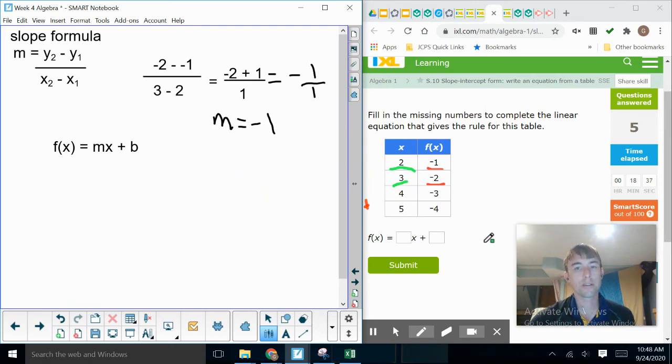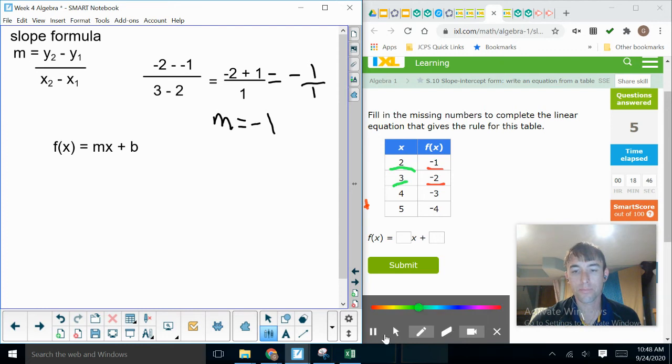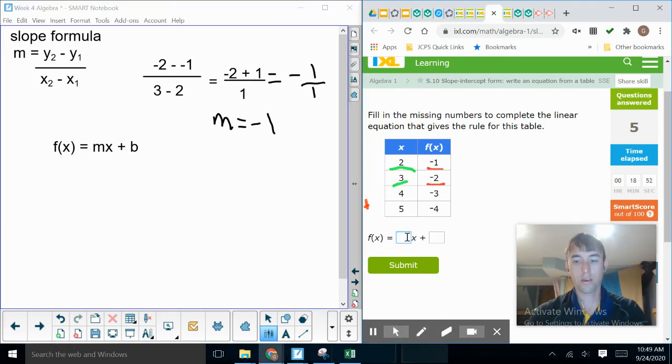We typically look for where x equals 0. So if I was to write in my answer here, we know m is negative 1. So let's type that in. m is negative 1. So if we plugged in an x value, what do we need to do to get the y value?